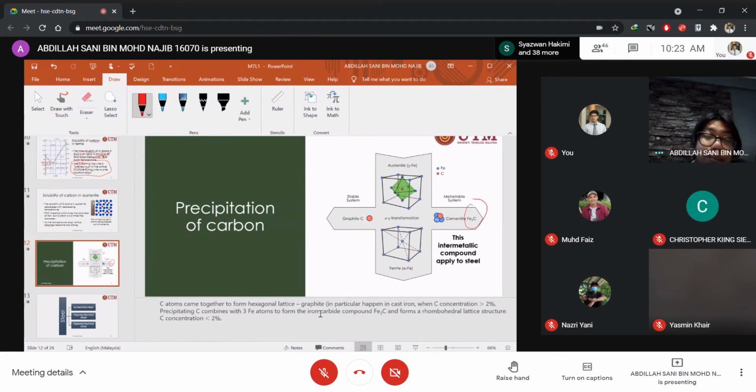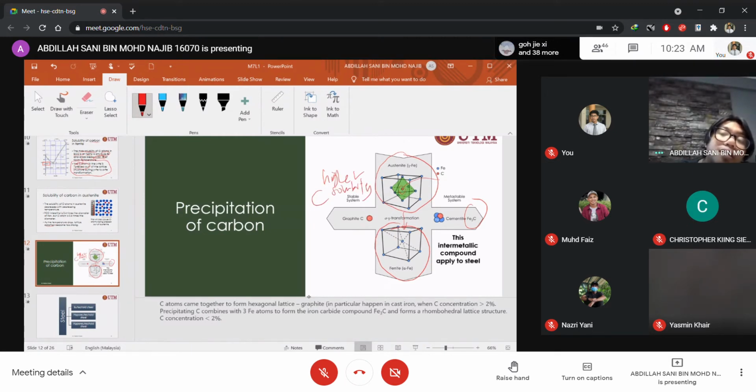So austenite changed into ferrite, and this carbon has to go out because of low solubility. This has higher carbon solubility, and this is lower carbon solubility.